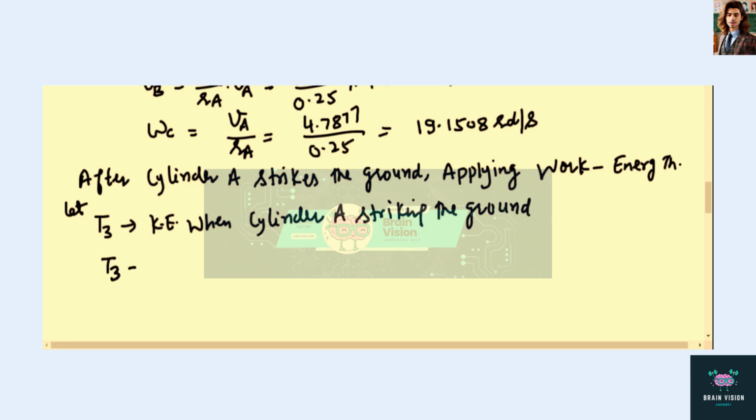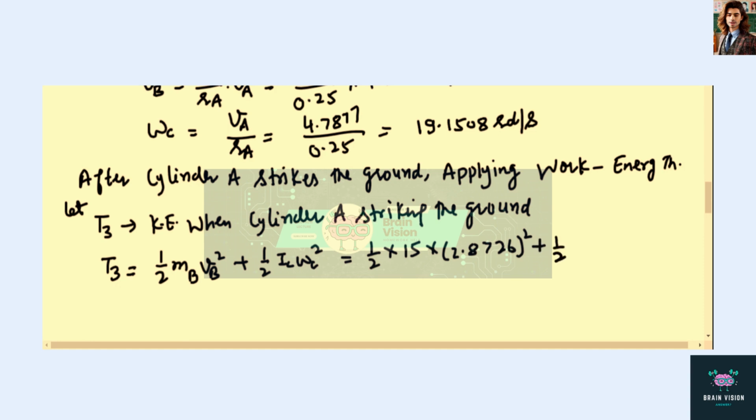We can find the value of T3: half mv into velocity of v squared plus half Ic into omega c square. Substitute the value. Mass of the block is 15 kg. Its velocity we have measured 2.8726.